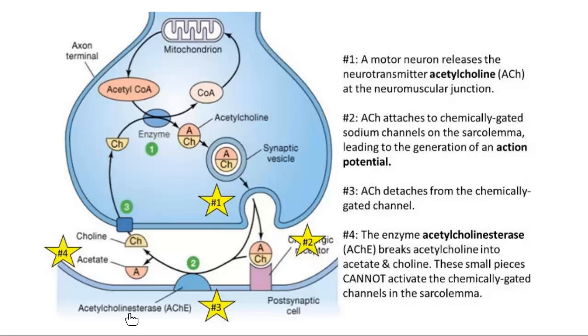So sarin gas messes with the way my chemically gated sodium channels work. I keep those channels open too much, and my muscles contract too much. What questions do we have about sarin gas?